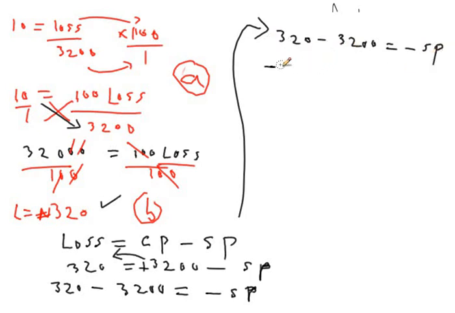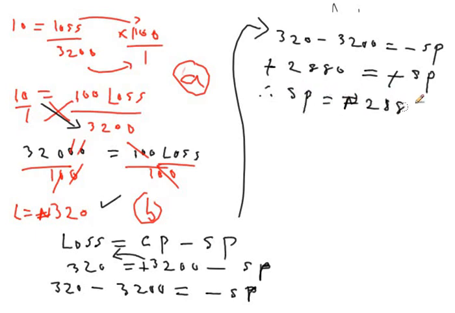Obviously it will give you a negative because 3,200 is more than 320. So when you subtract those two, we are left with minus 2,880 equals minus selling price. So minus will cancel minus. So therefore, my selling price is 2,880 naira. That means this was the actual amount the person sold the calculator for, isn't it? So this is it.